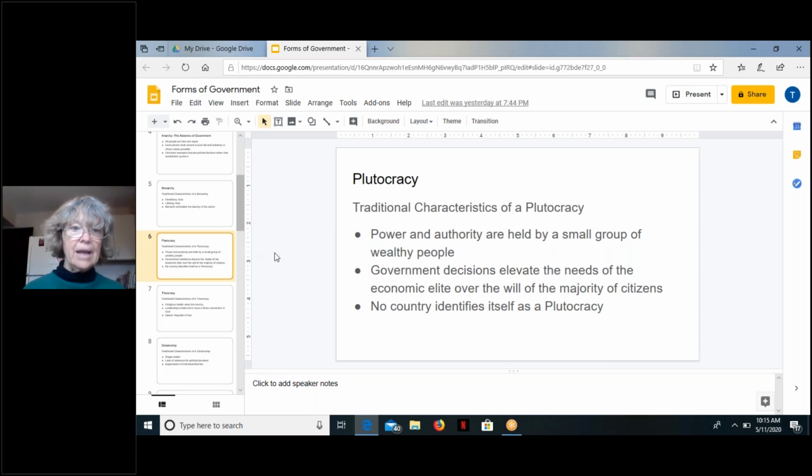Now, you can imagine that this is not a very pleasant way to be governed. If you're one among those governed and you're not part of this wealthy elite, it isn't something that you actually would endorse. So governments typically do not identify themselves as plutocracy, but we do look for marks of that type of government within existing government.